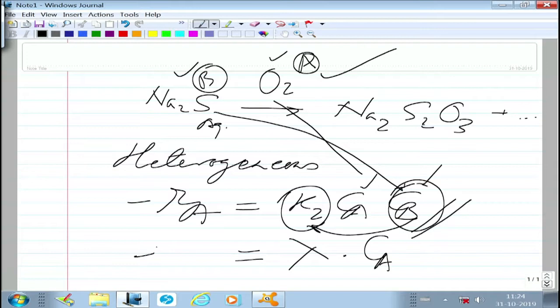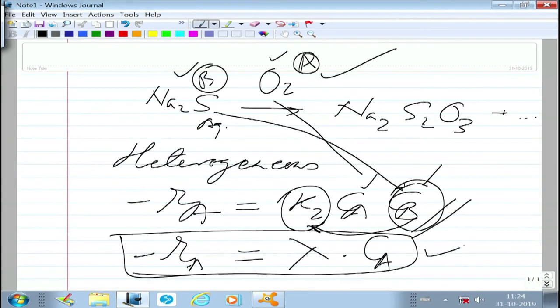Okay. So, by invoking the pseudo first order conditions, we have circumvented this problem of nonlinearity, and now minus Ra equal to lambda Ca, this looks a reasonable description of reaction kinetics for heterogeneous system.